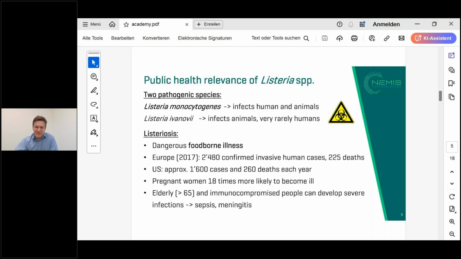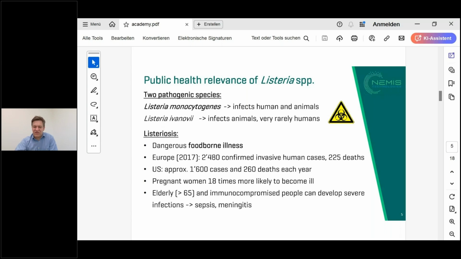The thing about this disease is that there are specific groups of the population which are especially vulnerable, for example, pregnant women, who are 18 times more likely to become ill. And what is even worse is that the fetus can also be infected if the mother is sick.